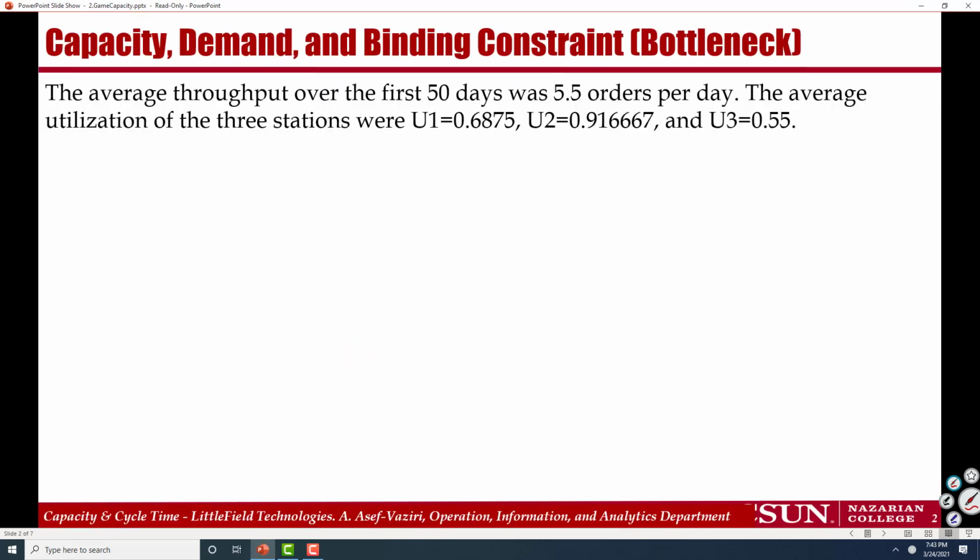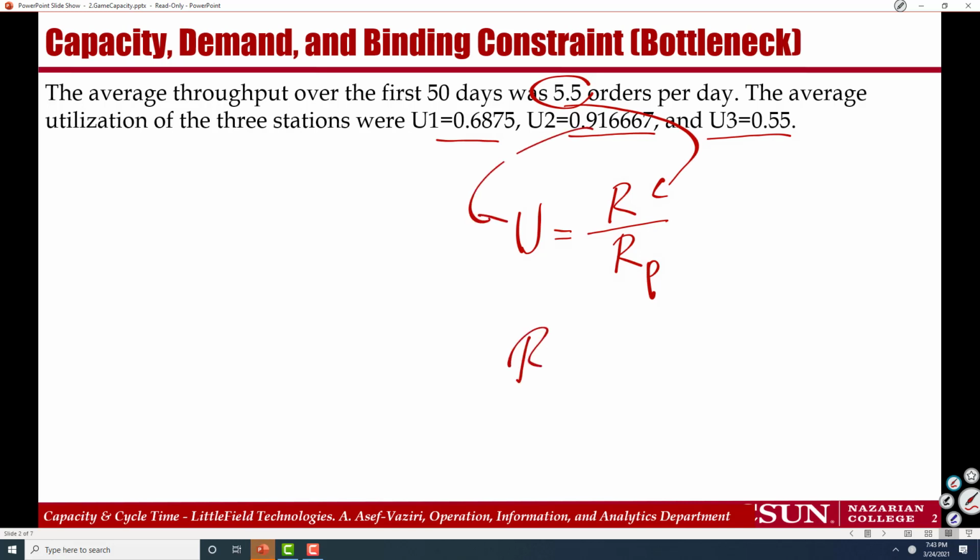We have the throughput per day, and we have utilization in stations, and we know that utilization is throughput divided by capacity. Having said that, we have throughput and we have utilization, therefore capacity is equal to throughput divided by utilization.